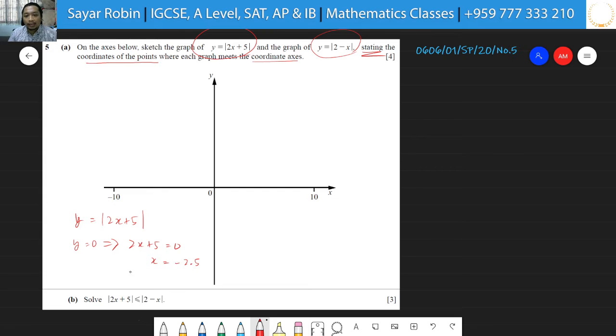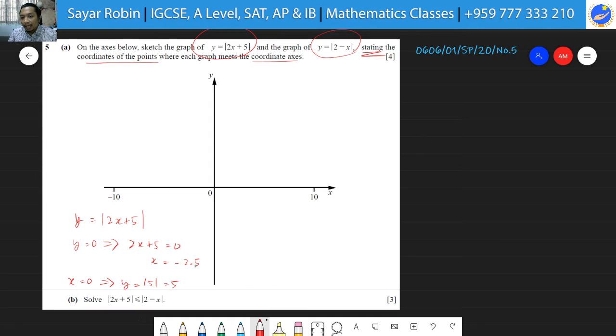How about the y-intercept? Obviously, we are going to set 0 into x, right? X is equal to 0 implies y is going to be, substitute 0 into x, that's going to be modulus of 5, which is 5. Okay, 0 comma 5 and negative 2.5 comma 0.